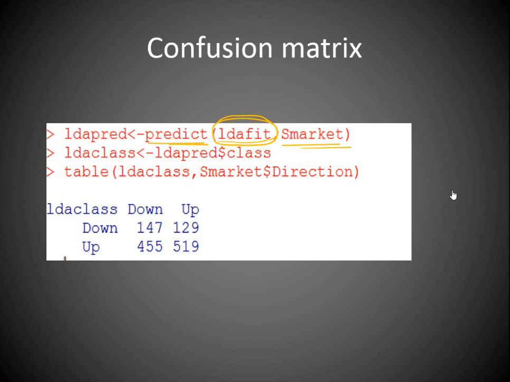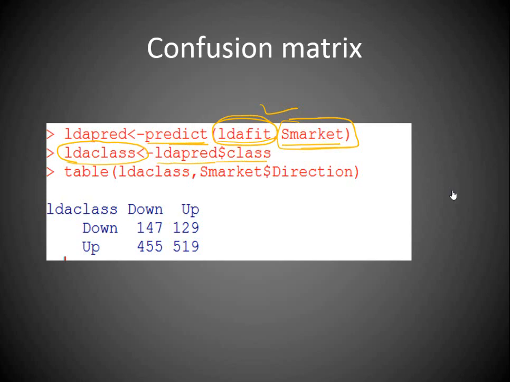So I'm going to use the same data to do the prediction, and once the prediction is done, I store the classification. It's going to classify the data from Market using the fitted model, and it's stored in the class variable. I'm going to take it to another variable so that I can do a tabulation. You can of course use it directly in the tabulation, but I'm just keeping it in another variable to make it simpler.